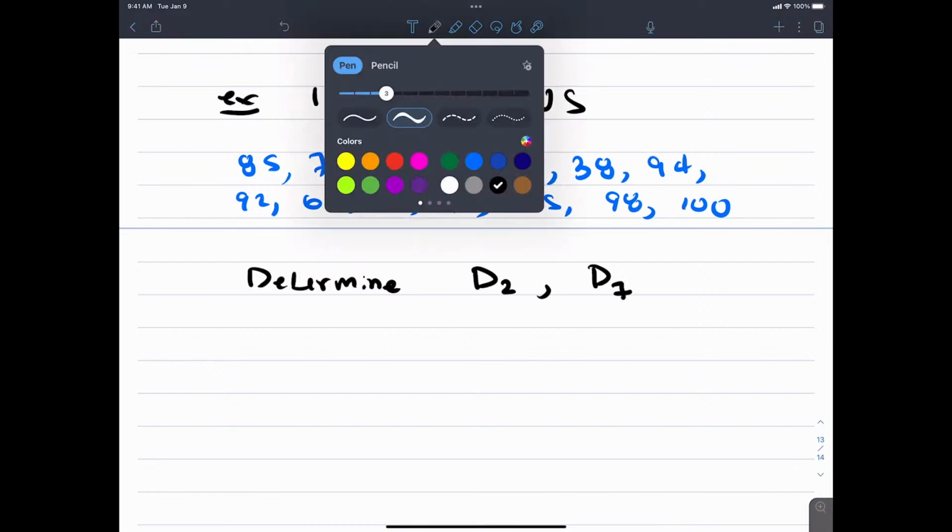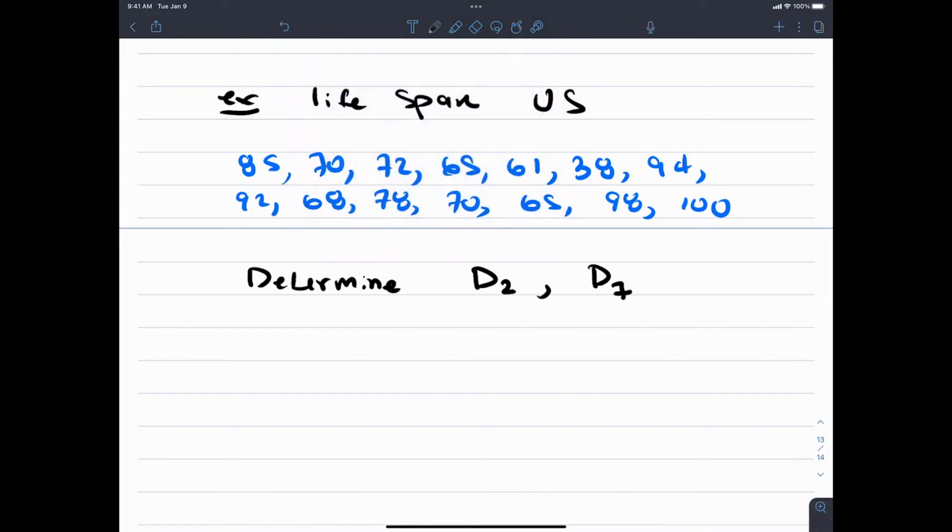A couple of them. Where do you guys think you start? What's the definition of D2? Good. If you're going to ask somebody to get the second decile, guess what you have to do? You have to know percentiles. And so now this is a percentile question.